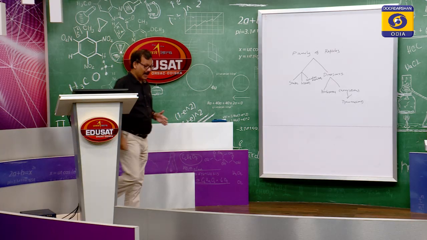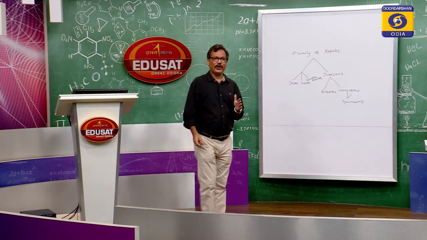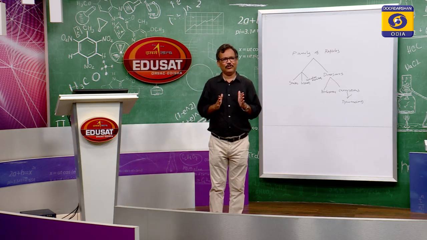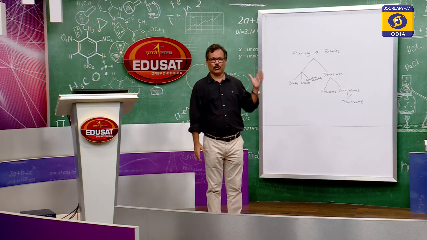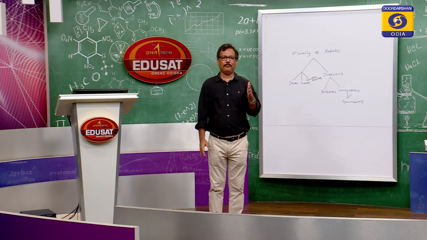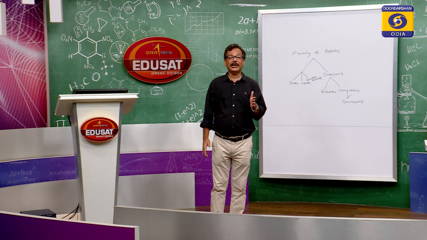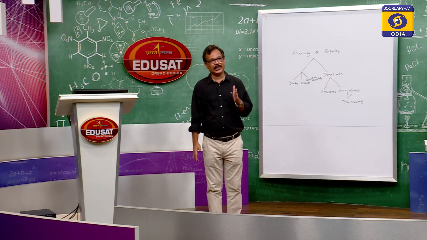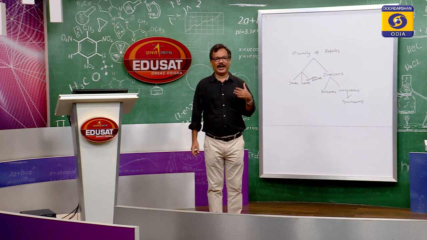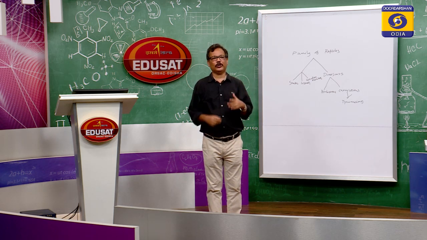Now, sharpen your comprehension. When you are learning through a diagram, when you see things on the screen, when you see a picture in the book, it becomes easy for you to understand that picture. It becomes easy for you to build up your own conception.